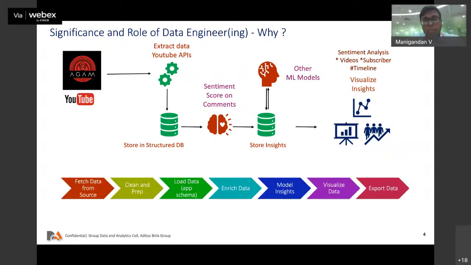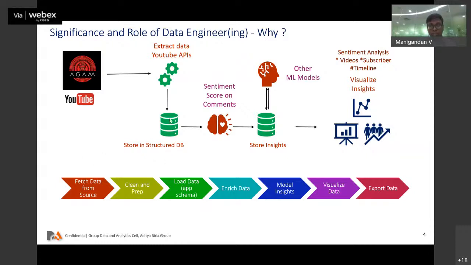Okay, if you look at it by and large in terms of sequencing, how we are doing it is: you are fetching data from the source, then cleaning and preparing the data, and loading the data into an application schema. There could also be, let's say, some third party data. Let's say you have people who are associated with the band, the musicians who are playing, and all that data you can extract from another source.